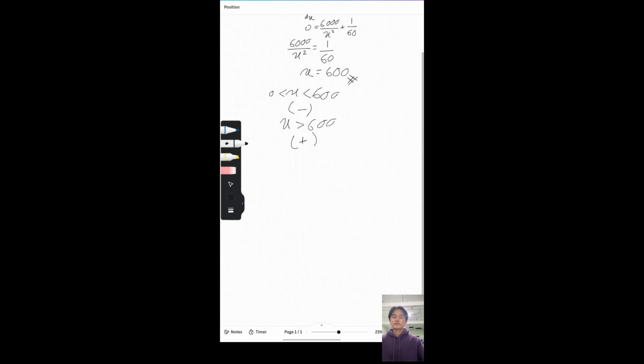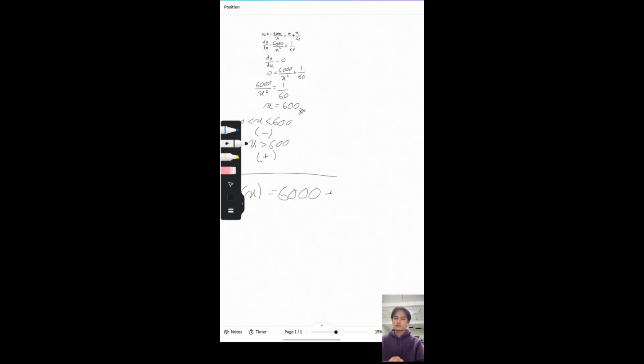Okay, for the next question, find the rate of increase in total cost. So the formula is C(x) equals 6,000 plus 5x plus x squared over 16.